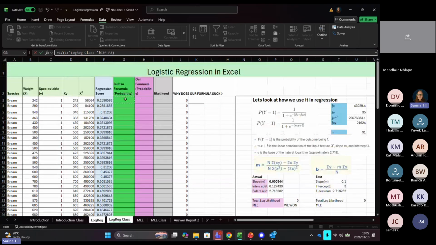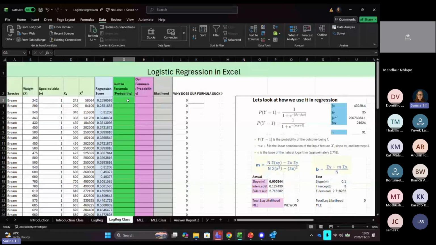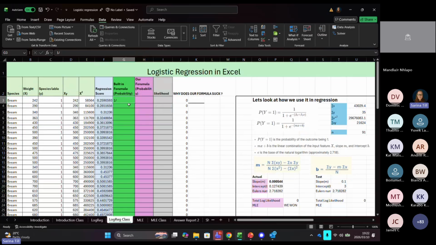The sigmoid function is 1 divided by, oh, did I use brackets? Like I said, I'm going to be a bit slow tonight. Okay, 1 divided by 1 plus Euler's number.